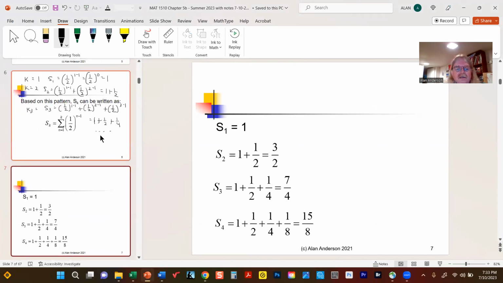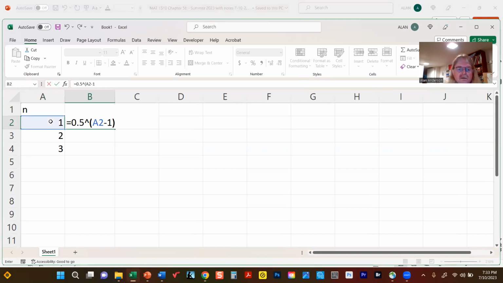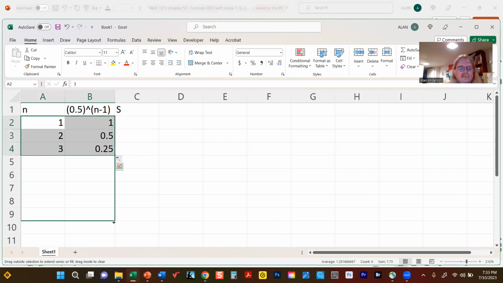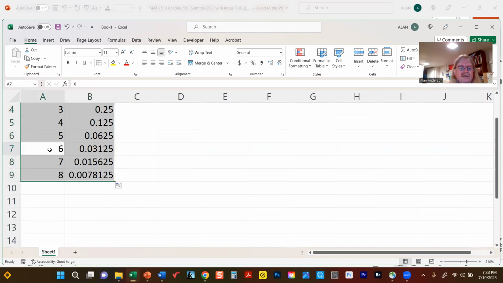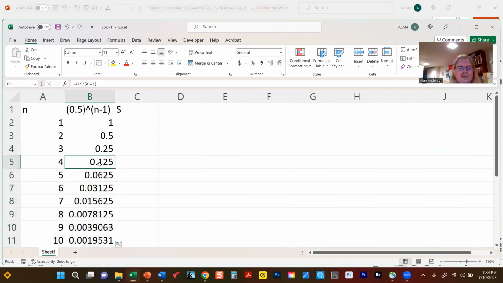So, for example, we have 0.5, and the exponent is n minus 1. So the first term is 1, then we have a half, then we have a quarter. And you can see these are getting very small. You've got a quarter, an eighth, a 16th, a 32nd, etc.